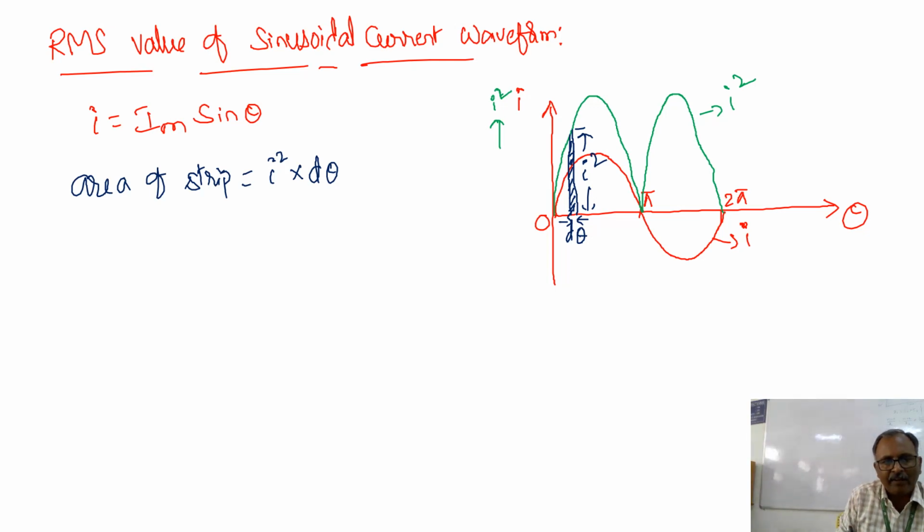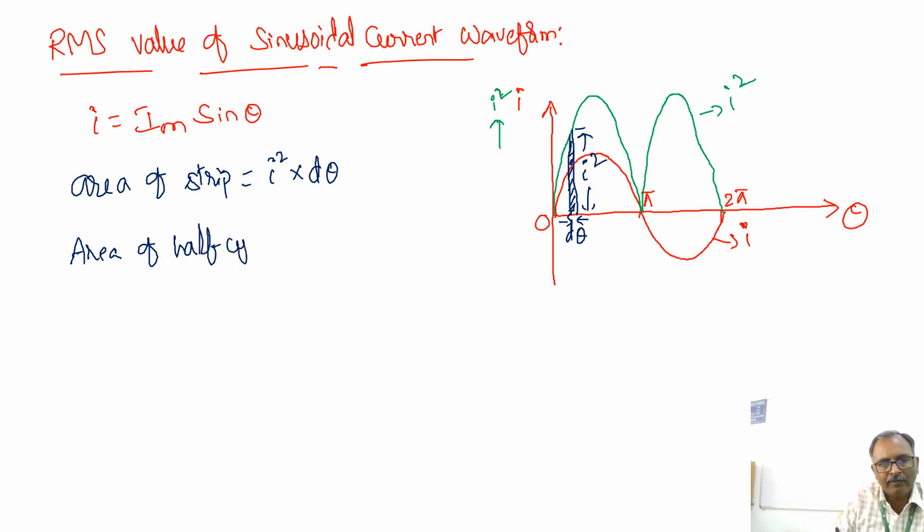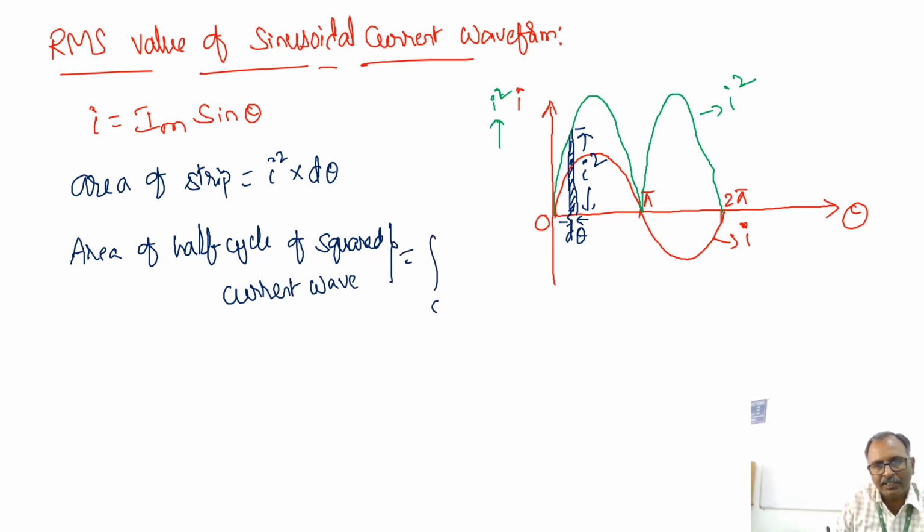Now the area of half cycle of the squared current wave is given by the integral from 0 to pi of I square d theta.